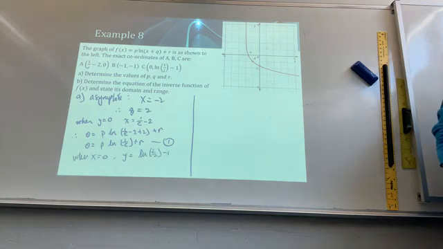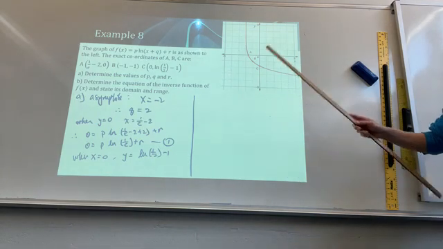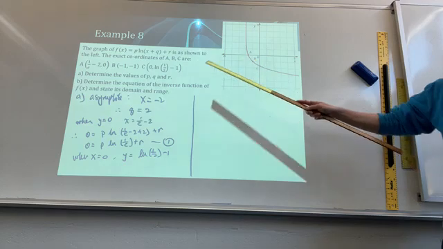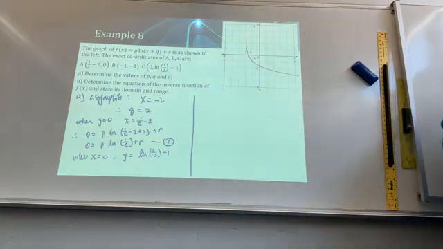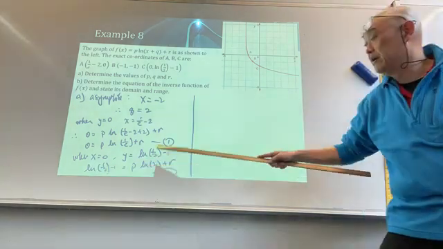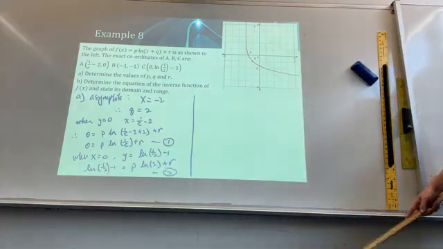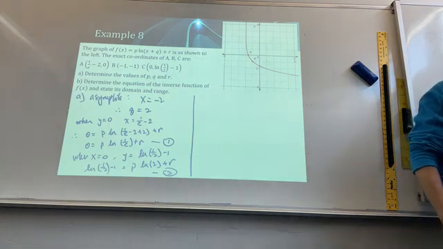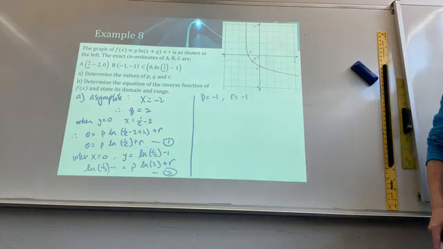And then the next bit, when x equals 0, this is the point, and we have that. So you've got that equation there. What I've done is I just use my calculator and solve it. So P is minus 1 and R is minus 1.